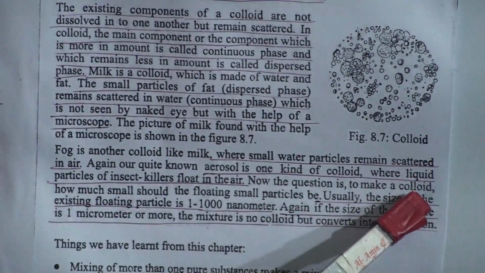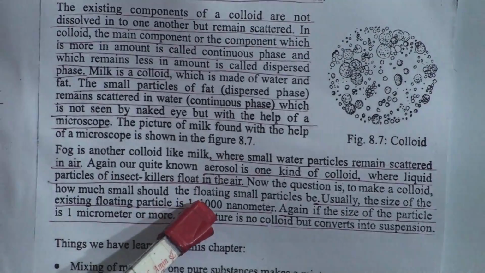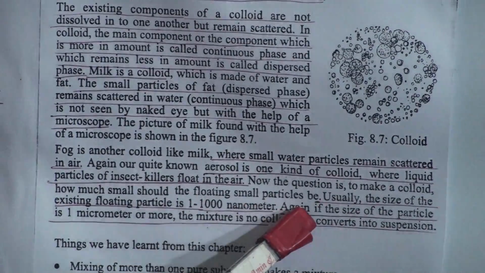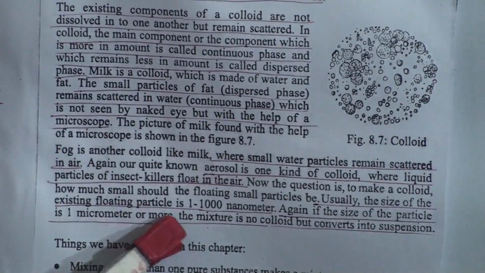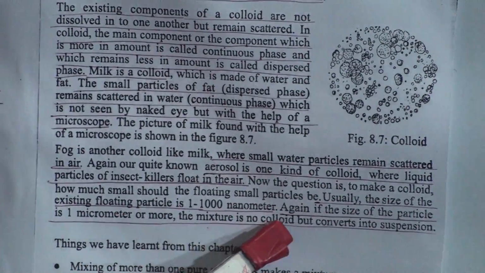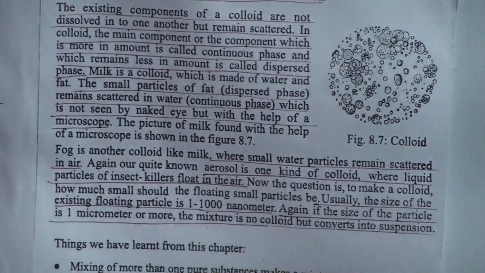Usually the size of the floating particles is 1 to 1000 nanometers. Again, if the size of the particle is 1 micrometer or more, the mixture is no longer a colloid but converts into a suspension.